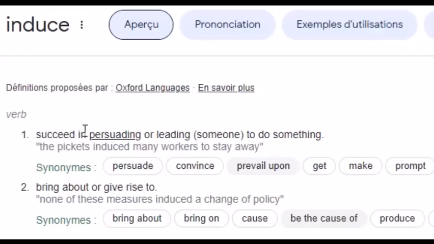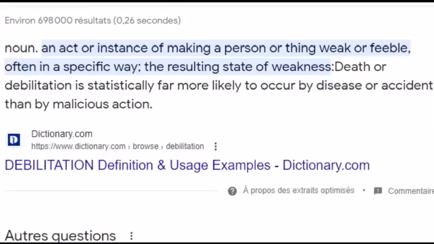To succeed, here it says, in persuading or leading someone to do something. And debilitation means the act of making a person weak. It says, an act or instance of making a person or thing weak or feeble, often in a specific way, the resulting state of weakness.